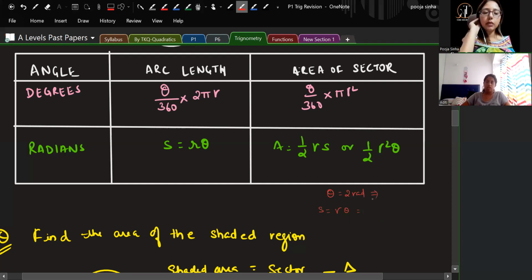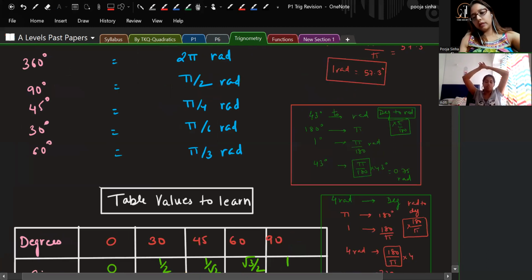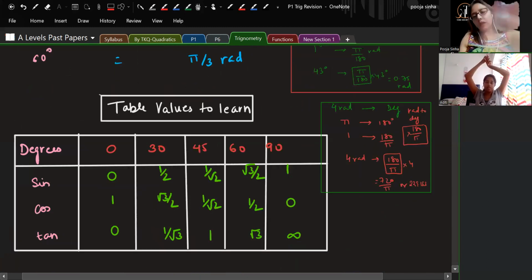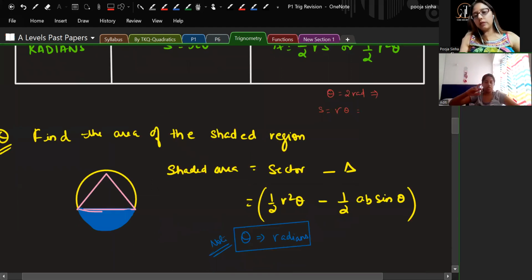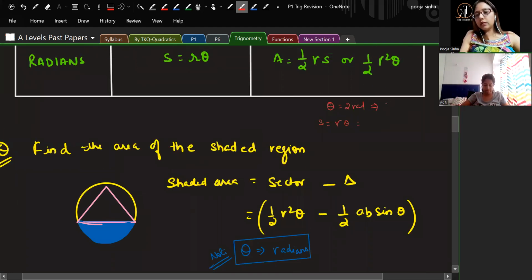So what will you do to convert into degrees? Since 1 radian is equal to 180 upon pi, we'll multiply 180 upon pi into 2. So 2 radians, converted into degrees, will be 2 into 180 upon pi, which is 360 upon pi, approximately 114.6 degrees.